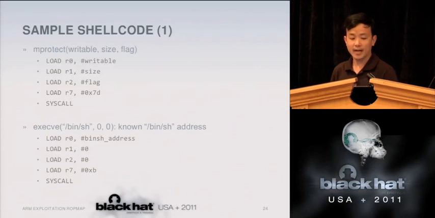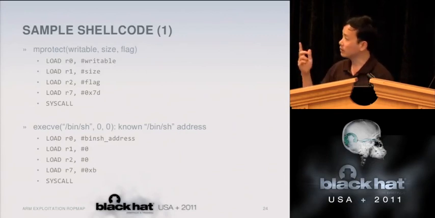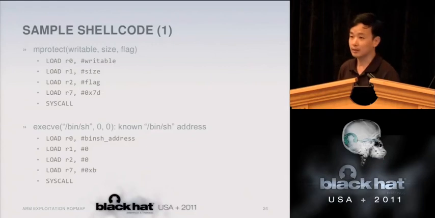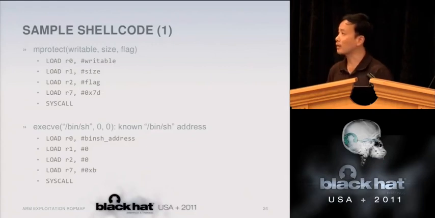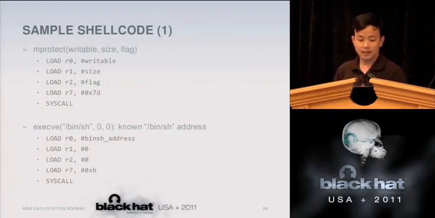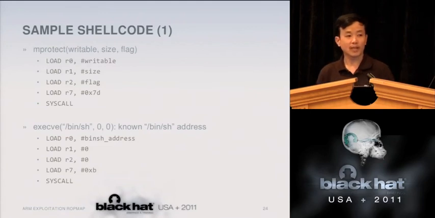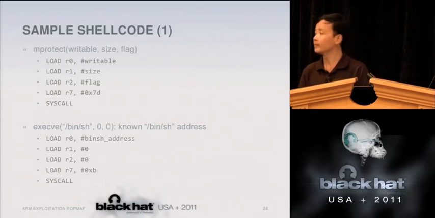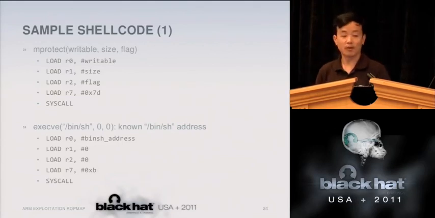On the ARM architecture, it is equivalent to loading register 0 with the writable address, register 1 with the size, register 2 with the flag, and register 7 with the mprotect syscall number, which is 7D in hex, and then it's a syscall.